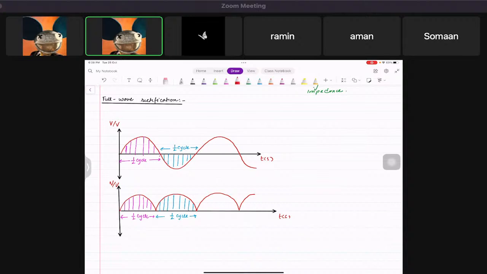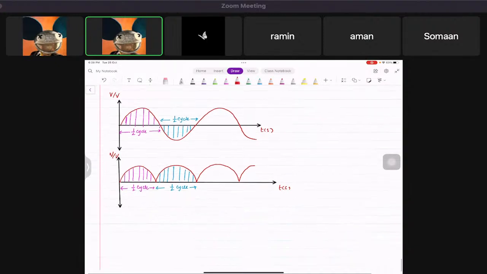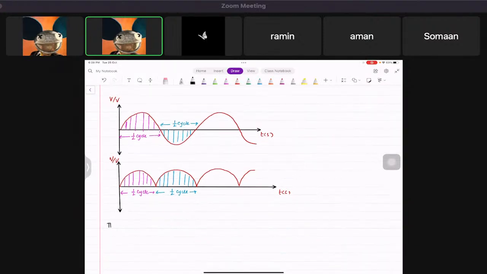Now, what I'm trying to do here can only be achieved by a Wheatstone bridge rectifier circuit.